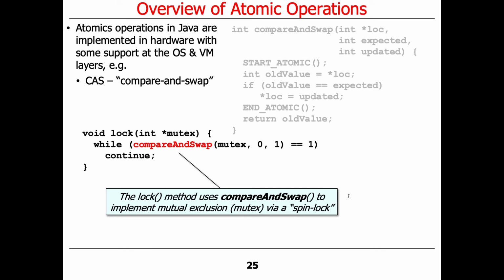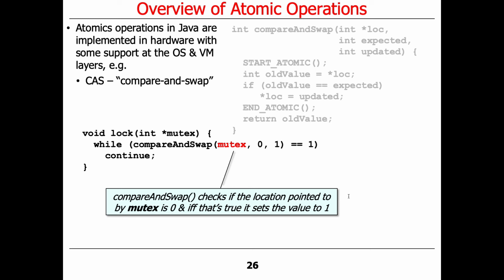What we're saying here is this is the value we want it to be in, 0, which means it's available. This is the value we want to update it to, which is 1. So when we call compare and swap, if the old value was 1, then it's in use, so we're going to keep spinning.